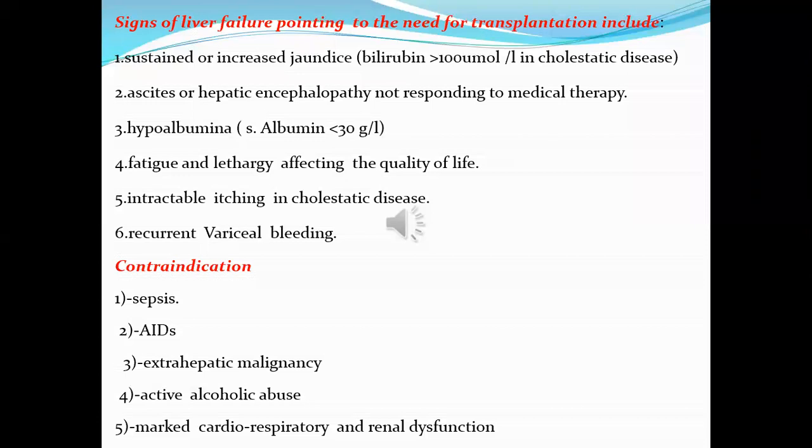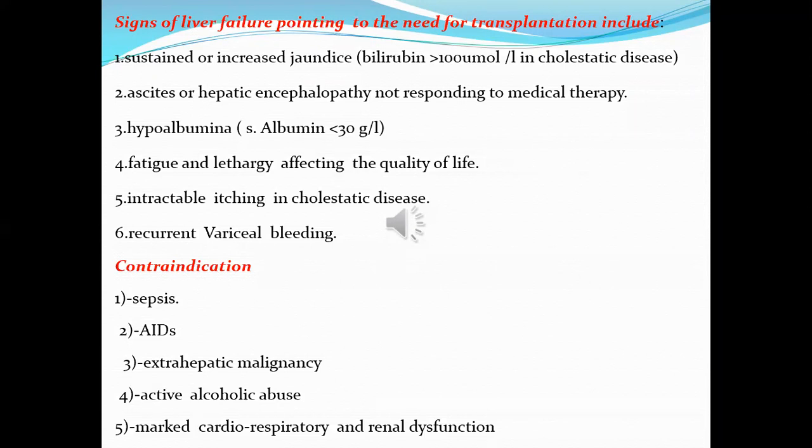The contraindications of liver transplant are the following: generalized sepsis and septicemia is a contraindication. A patient with HIV, contraindication. Extrahepatic malignancy, such as colonic carcinoma metastasizing to the liver or lung cancer metastasizing to the liver, is a contraindication of liver transplant.